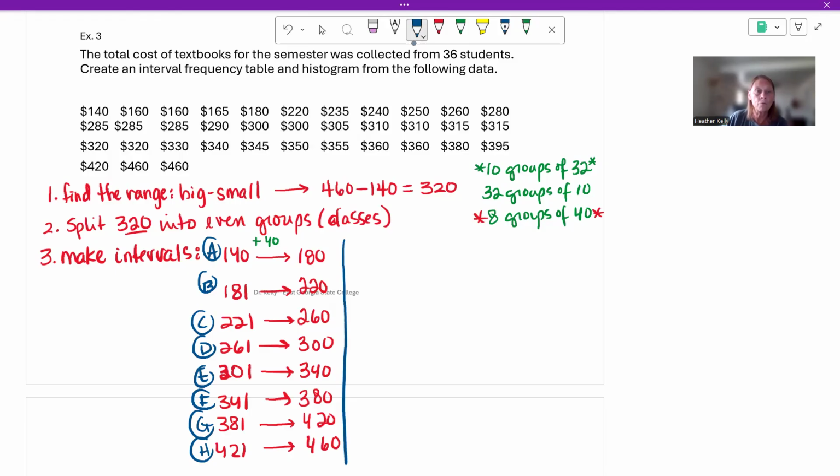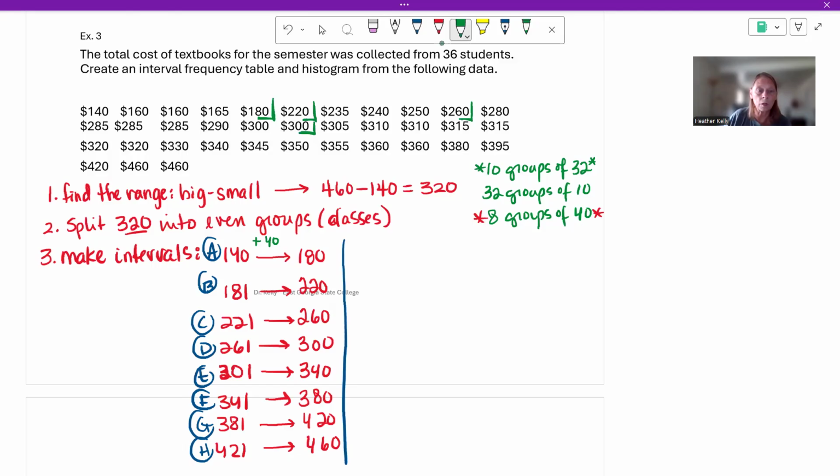Now, from 140 to 180, now this is the best way to do it, okay? You want to go into your data and you want to make a mark. 180 is the mark. So anything lower than 180, and then 181 to 220. There's another mark. 220 to 260. There's another mark. 261 to 300.